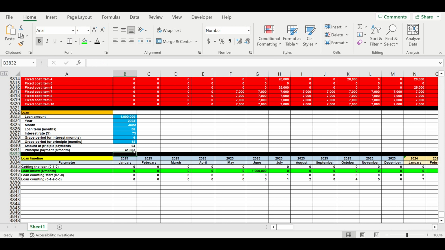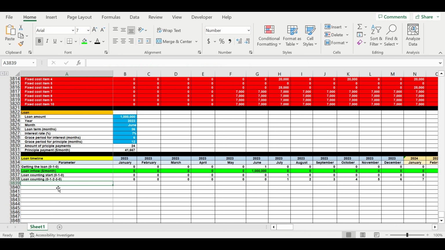So this will be $41,000 monthly for just principal payments. When the grace period is over, so 1, 2, 3, 4, 5, 6, starting with 7, we will be paying $41,000 till the end of the loan.